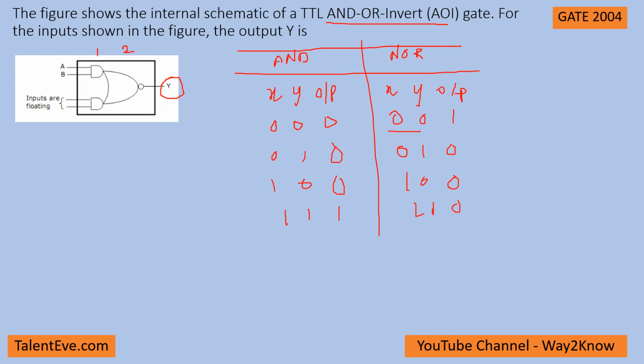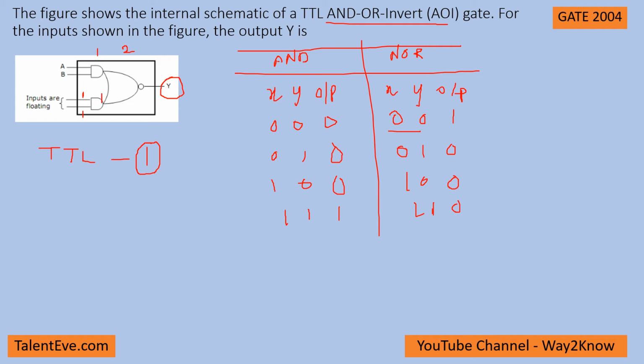Now, one of the principles we have to understand is that these are TTL based schematics. For a TTL based, transistor logic schematic, if there is no input, that means the inputs are floating, then that input is treated as high, that means 1. So because the inputs are floating here, that means 1 and 1, this output will be 1.